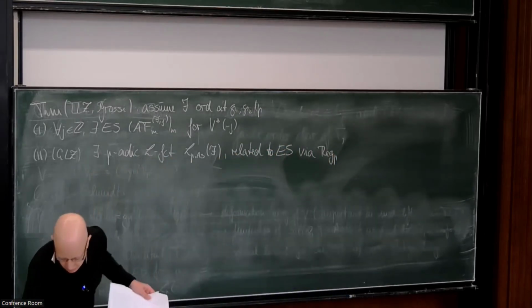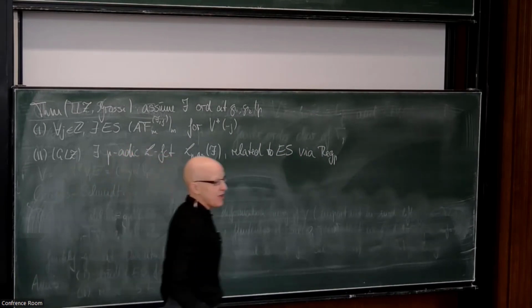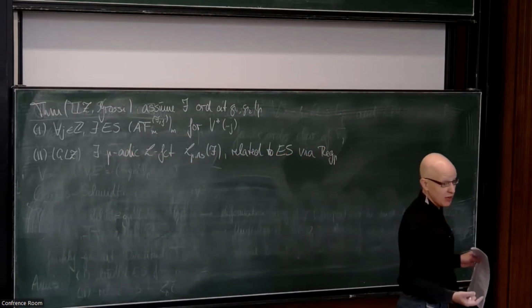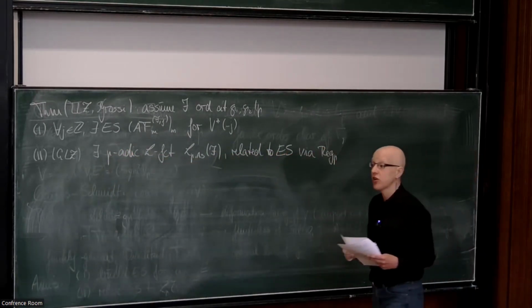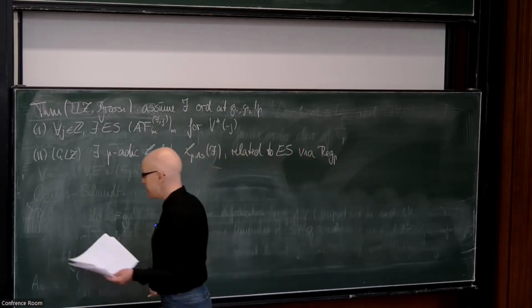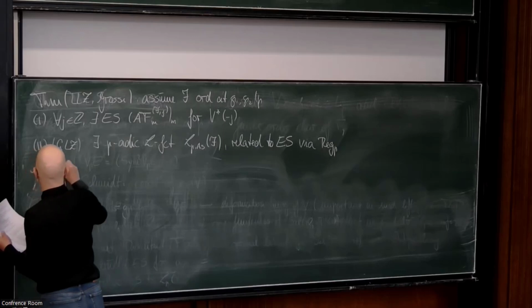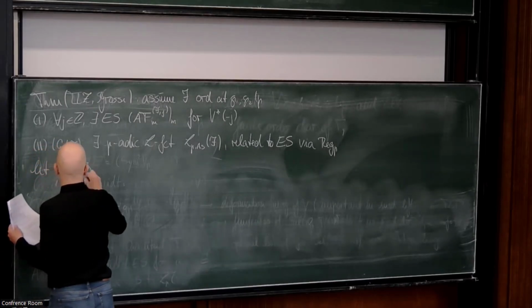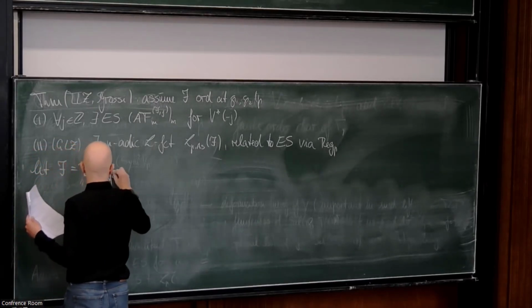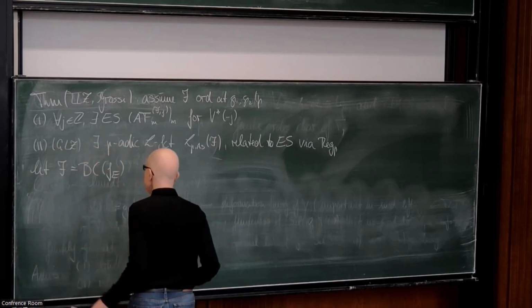Okay, so we now want to specialize to the case when the Hilbert modular form is just the base change of our elliptic modular form attached to E. So we now let F just be the base change of our form F_E.